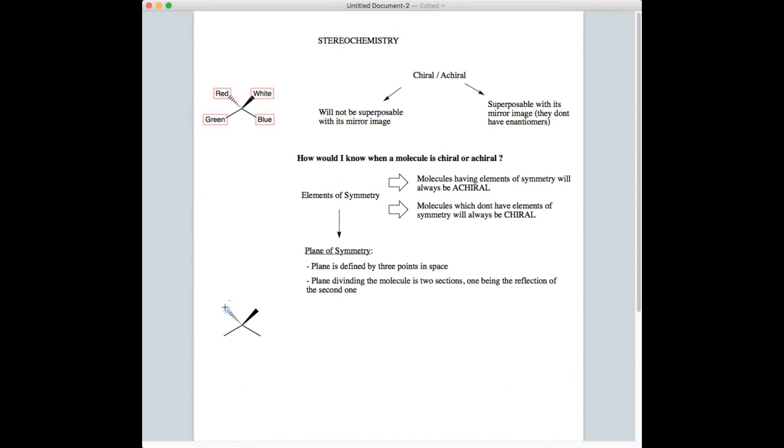Let's do this together. On the right side I have white. On the left side I have green here. And then coming toward me and away from me, both are red.